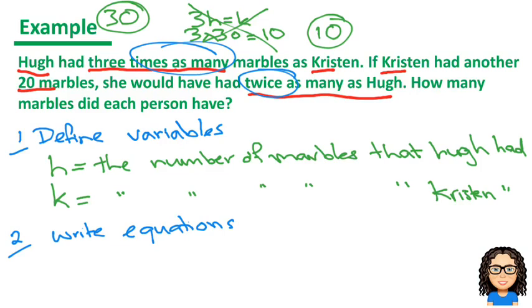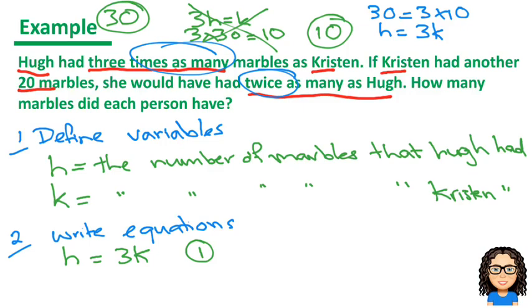So what we do know is that 30 is equal to 3 times 10. So my equation is h is equal to 3 times the number that Kirsten had. If I multiply the amount that Kirsten had by 3, that gives me the number of marbles that Hugh has. Okay, so there is our first equation, h equals 3k, equation number 1.